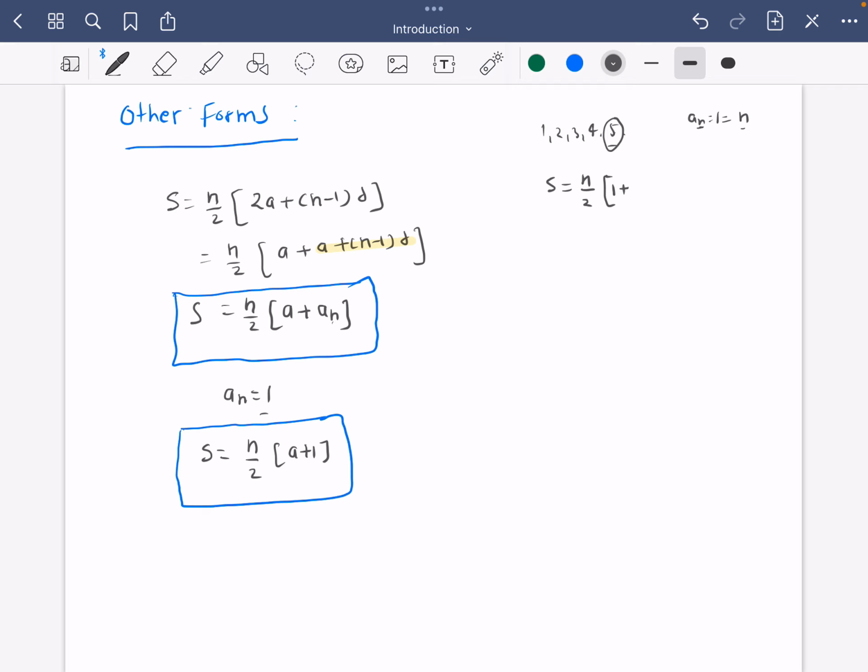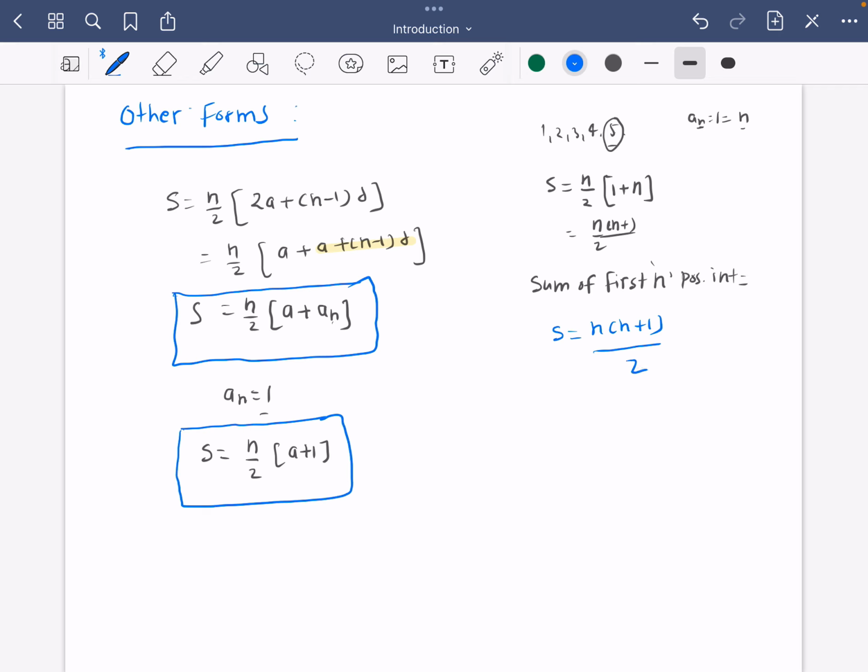So the term itself is the number, so it's going to be 1 plus n, so n over 2 times (n plus 1). So the sum of the first n positive integers is going to be n times (n plus 1) over 2.